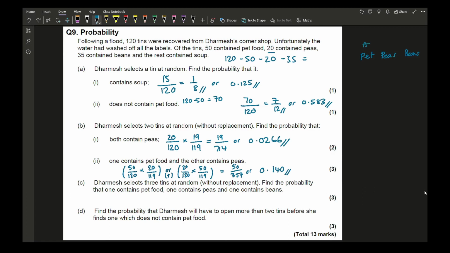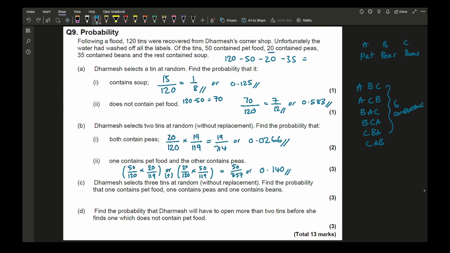If I just call this A, B, C, the combinations I could have are A, B, C, A, C, B, B, A, C, B, C, A, C, A, B and C, B, A. So there are a total of 6 combinations.